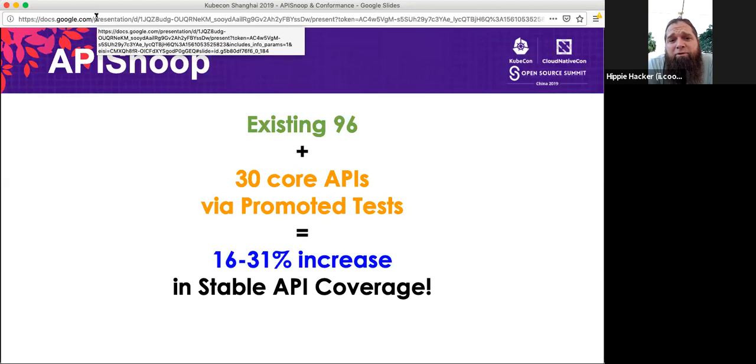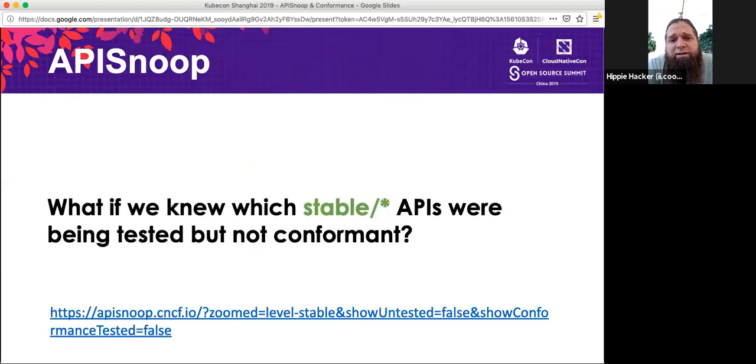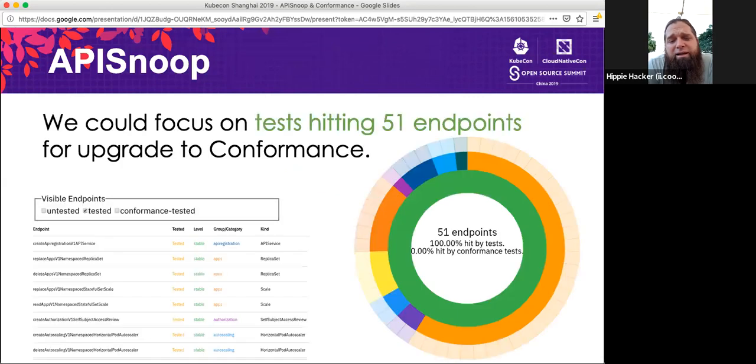If we go a bit further beyond just stable core and say, let's expand this, what if we knew about stable everything APIs, which already have tests written, but are not yet promoted to conformance? The number's a bit higher. I think 51 endpoints. So we could look at the existing tests hitting 51 endpoints and promote those to conformance if they're promotion worthy.